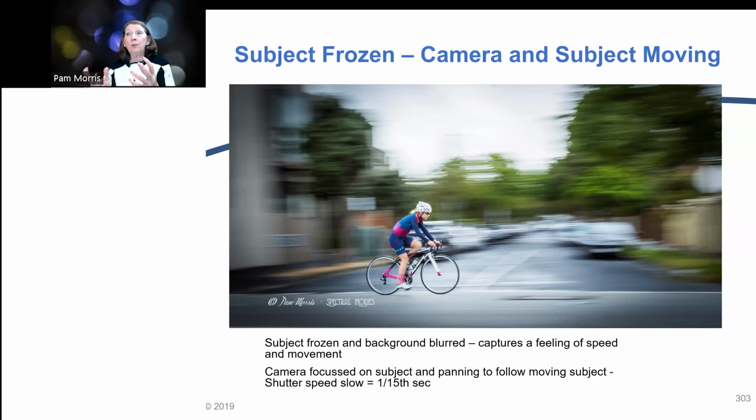Whereas this allows us to blur the background, give us those streaks through it, which add to the aesthetics and the movement and the visual look of it as our eye follows through that visual path. You can imagine how cluttered this would have looked if I'd just taken it with a fast shutter speed.